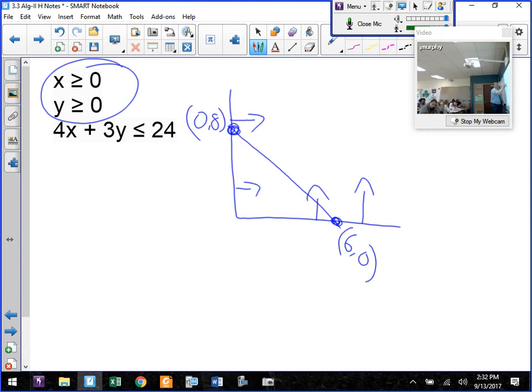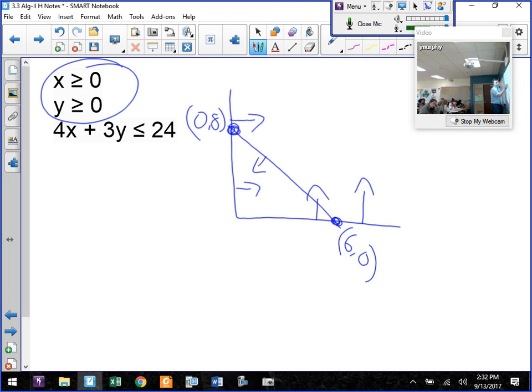Yeah, it was less than or equal to. That's why I made it a solid line. Okay, sorry, I didn't say that out loud. Now I have to think about what direction to shade. Do I shade towards 0 or away from 0? I shade towards 0. Very good, because what's 4 times 0? What's 3 times 0? What's 0 plus 0? Is 0 smaller than 24? Yes.